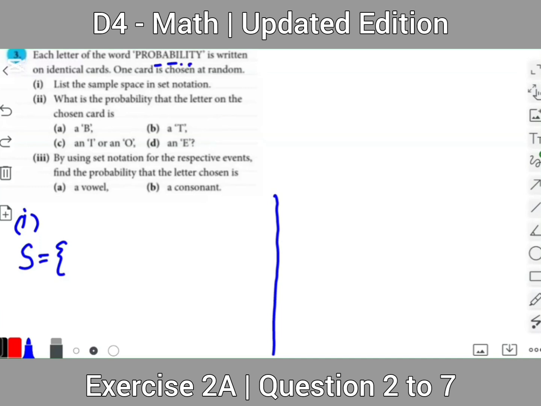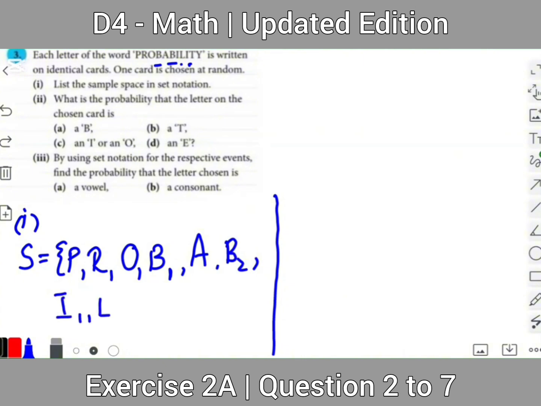So the sample space will be P, R, O, B1, A, B2, I1, L, I2, T, and Y. We will give different representations to the outcomes B1 and B2 and I1 and I2 just because of the repetition of the letters.